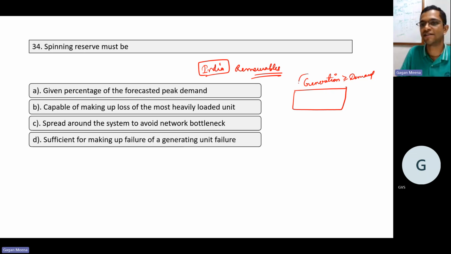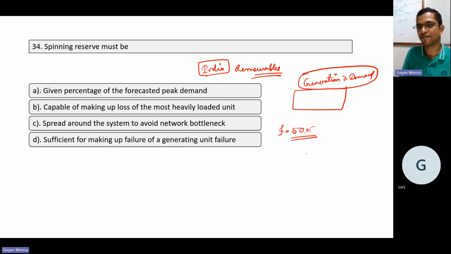Because the generation is quite high compared to the demand, the frequency goes beyond the maximum permissible limit. It has happened for several hours, even beyond the maximum limit for 7 to 8 hours. So this has been happening.